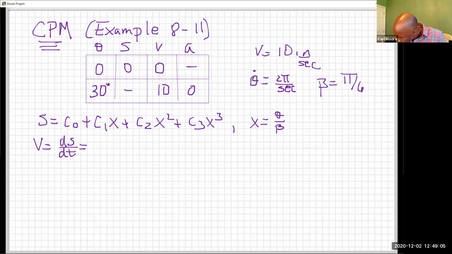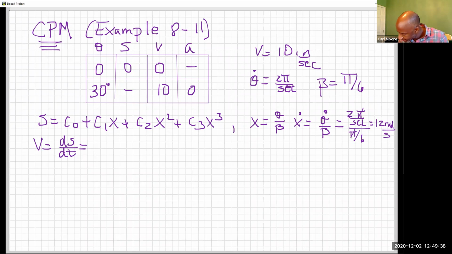If I take the derivative of that x with respect to time, I should have theta dot over beta. I've already said that the theta dot is 2 pi over 1 second, and my beta is pi over 6, so the pi's cancel. That means I end up with 12 radians per second for my x dot.